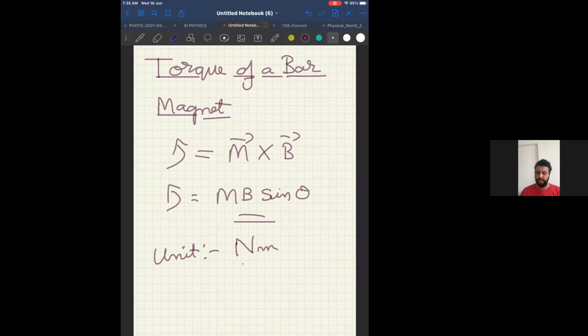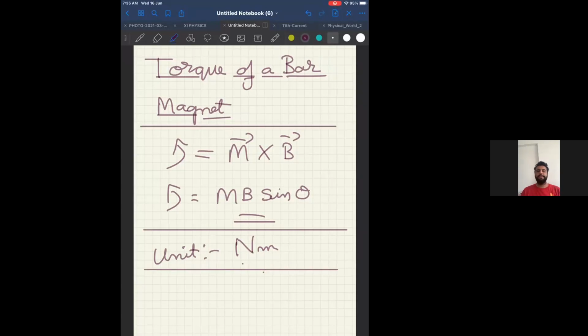Force is Newton, perpendicular distance is meter. But in this particular case, I have to find the torque of a bar magnet. Therefore, torque is M cross B, where M is magnetic moment and B is magnetic field of induction. Make a note.